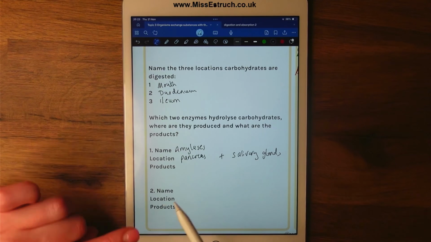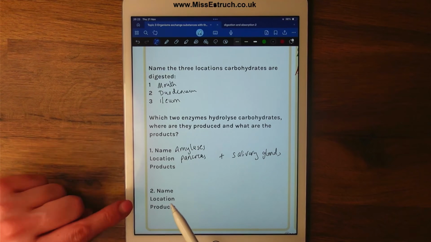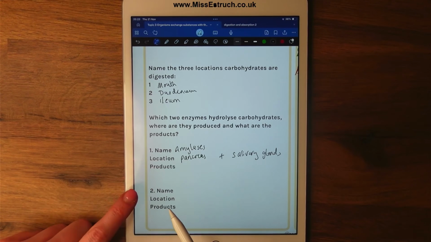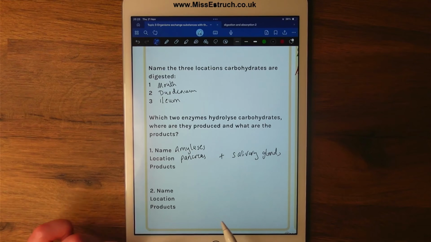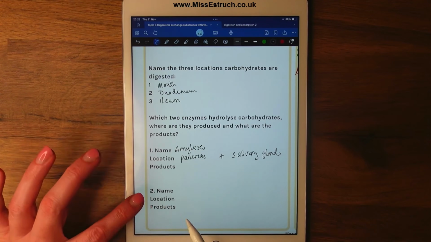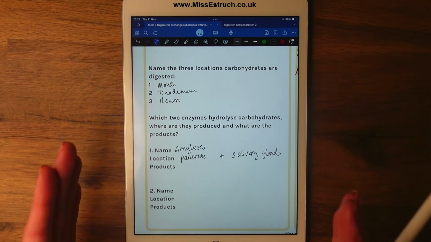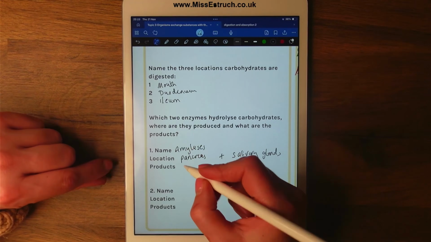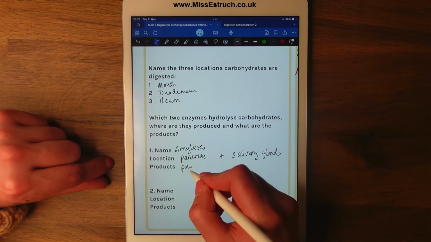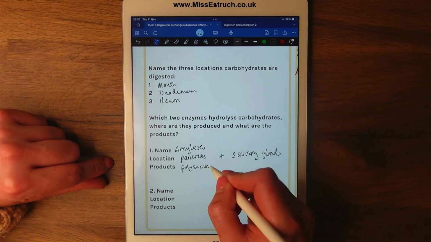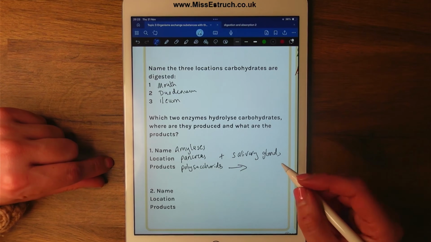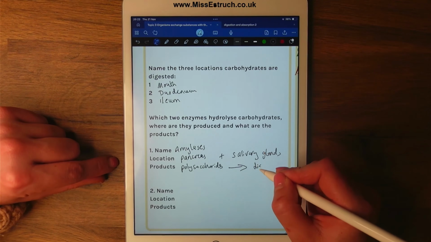So similar to the concept of the proteins, which also had membrane-bound, but those were dipeptidases, you also have membrane-bound disaccharidases in the ileum. And these are all of the enzymes that are embedded within the walls of the ileum. But I've realised I haven't actually done the products bit here. So that would be polysaccharides would be hydrolyzed into disaccharides.